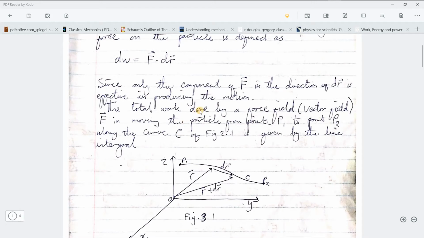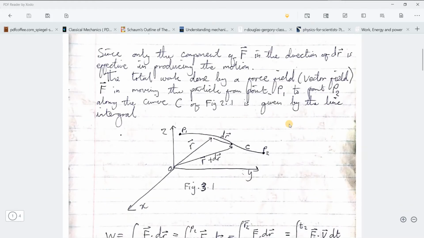And the total work done by a force F, or the force field, as you can see in parentheses, it's written vector field. F is the force in moving the particle from point P1 to point P2.